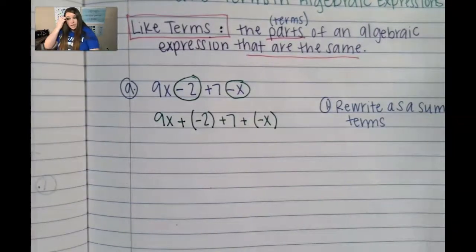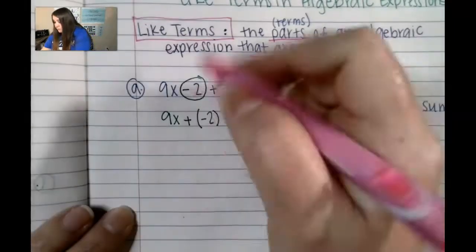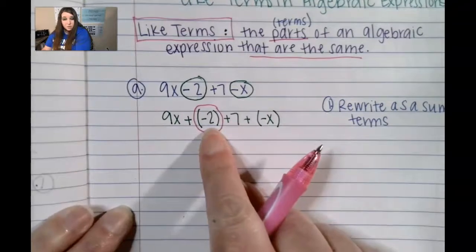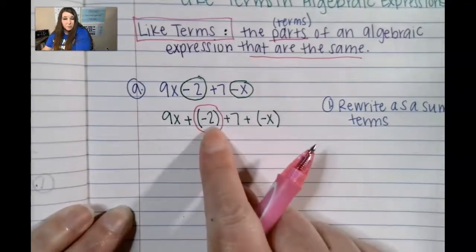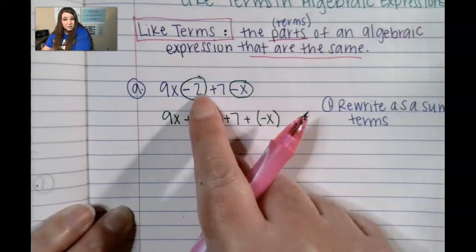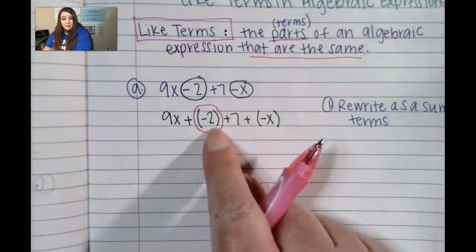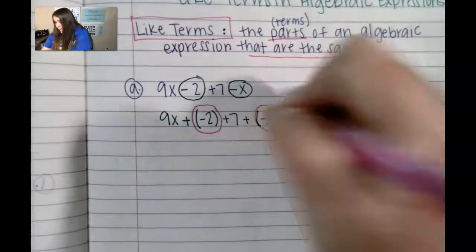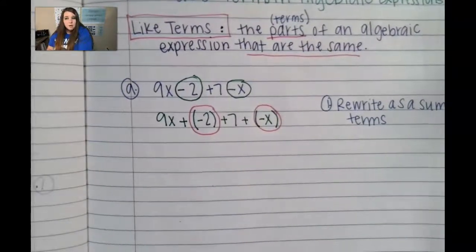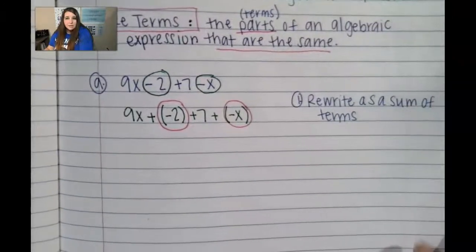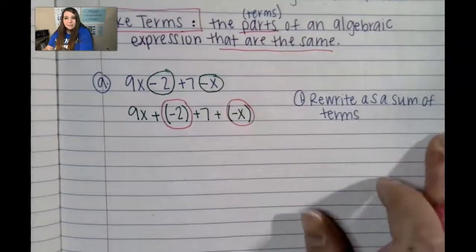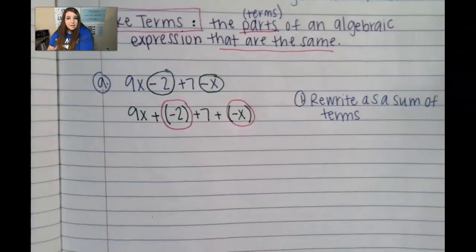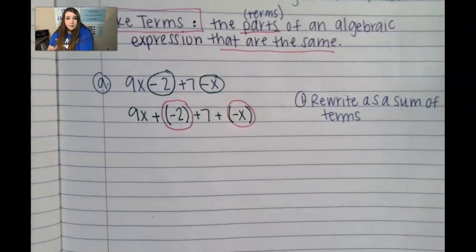So all I've done is I've taken my -2 and I've turned it into a -2 within parentheses because I'm adding the opposite. So instead of subtracting a +2, we're now adding a -2. Okay, same thing here. We're adding a -x. So that when we solve this, everything looks like addition. So we're rewriting as a sum of terms. That is right here.